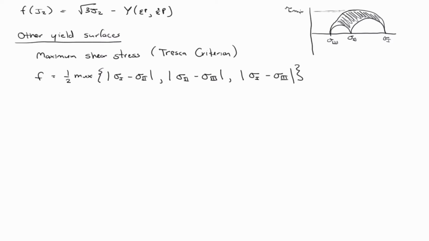So that's why. If we take the maximum of any possible combination of the shear stresses, that's going to set the outer radius, or the radius of the largest circle, always. Sorry, if you take the maximum of any of the principal stresses, I think I said shear, but the maximum difference of any of the principal stresses, no matter what your ordering criterion is, that's always going to give you the diameter of the largest circle, and then half of that is going to be tau max, right?